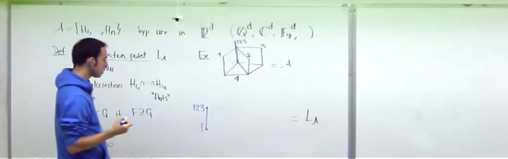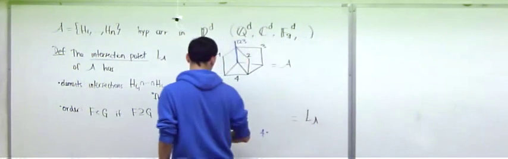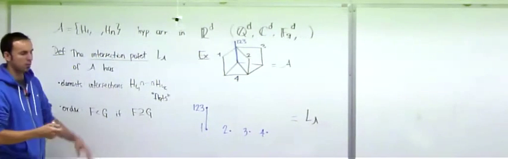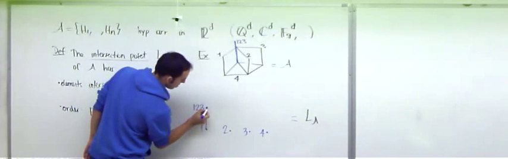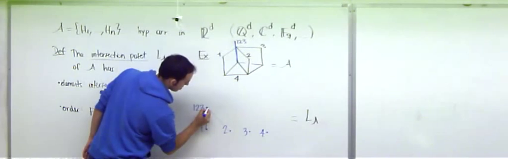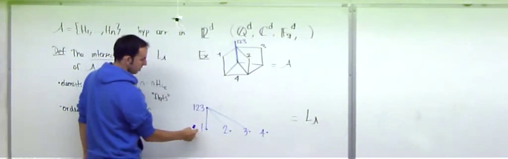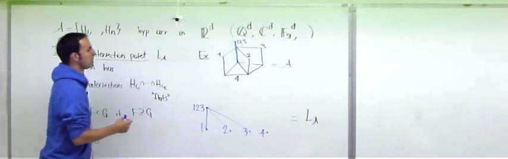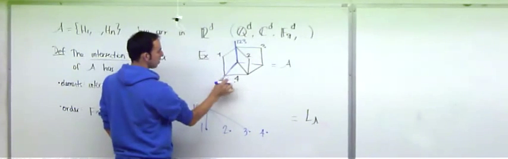So then what you're going to find is that all the hyperplanes are down here: 1, 2, 3, and 4. These are the hyperplanes. And as you intersect them, you're going to go up. So for example, 1, 2, and 3 contain the intersection 123. But we have other intersections, like this one, for example, is the intersection of 1 and 4.